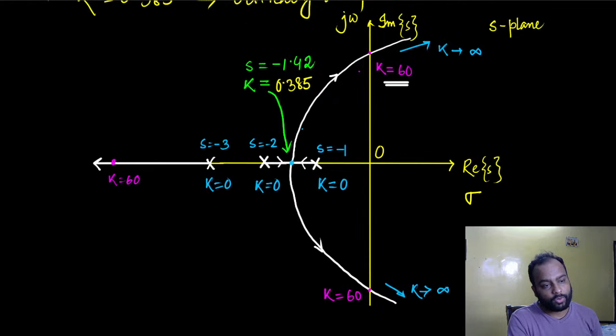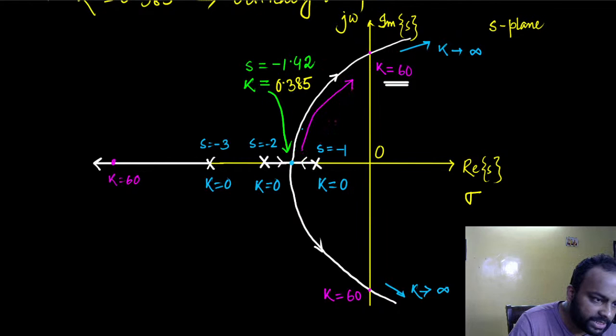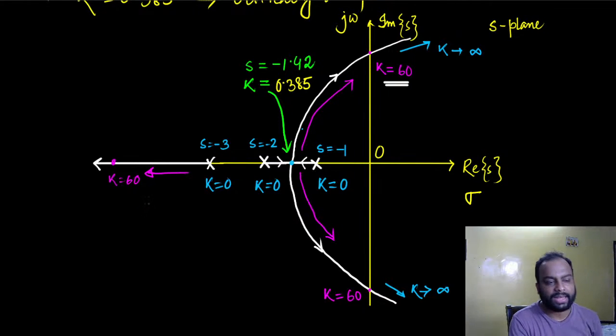But you have to understand that something happens between when the gain was 0.385 and 60, right? Between gain k equal to 0.385 and 60, the roots took this path, and one of them took this path. So at any intermediate gain between 0.385 and 60, say for example 40, one of the roots would be somewhere here, one of the roots would be here, and the other might be here.